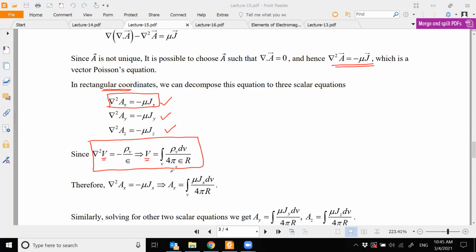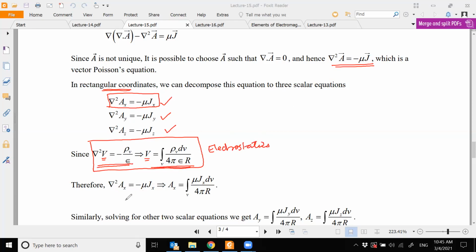So I'm taking the more generalized case, the volume charge.